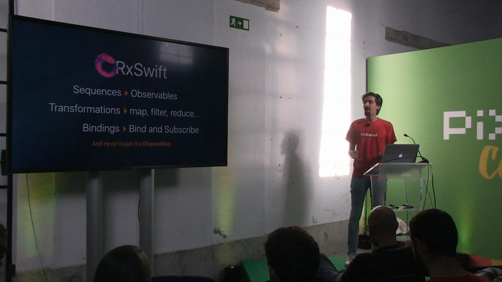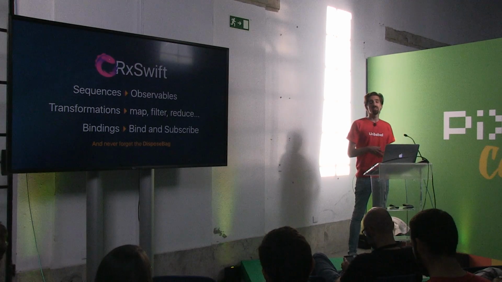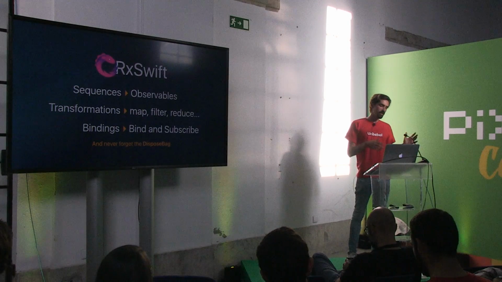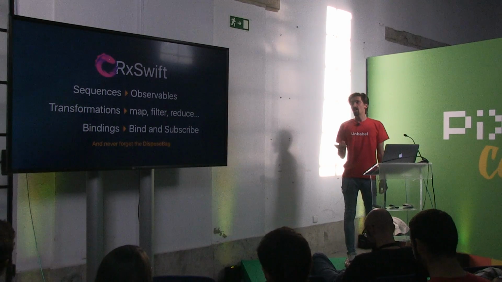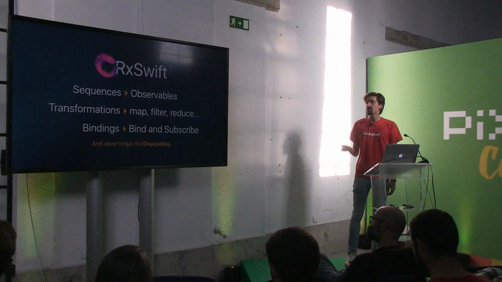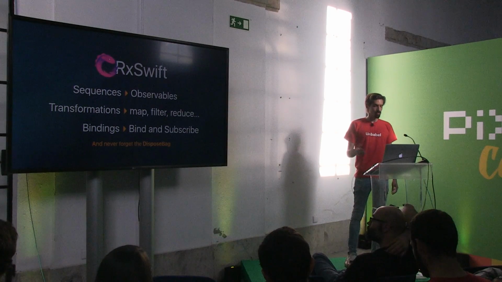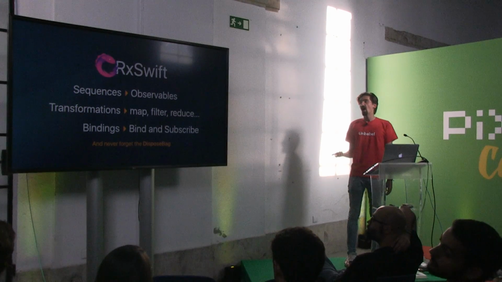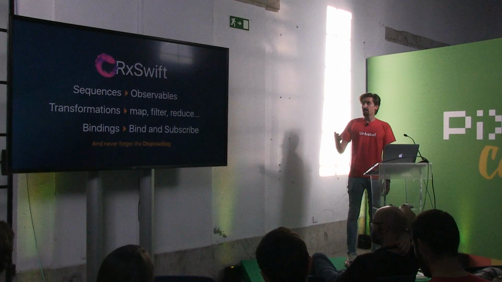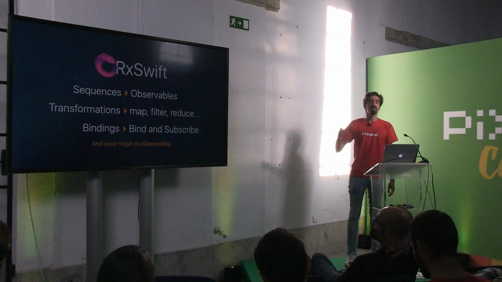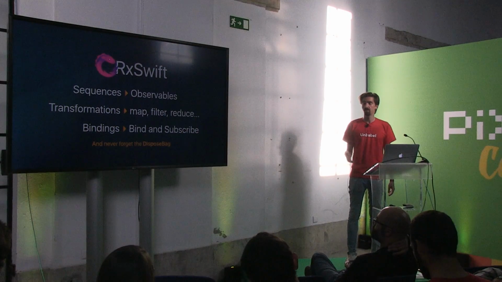So how does it map to the FRP that we have already learned? Sequences are observables, and these are things that you can observe. Transformations are functions that return observables, and they can even be the higher-order functions that we have, like map, filter, and reduce.